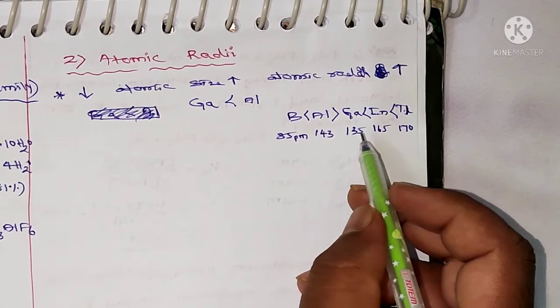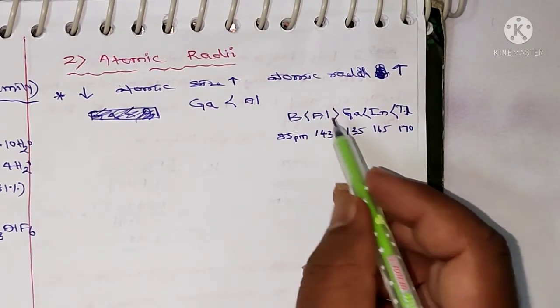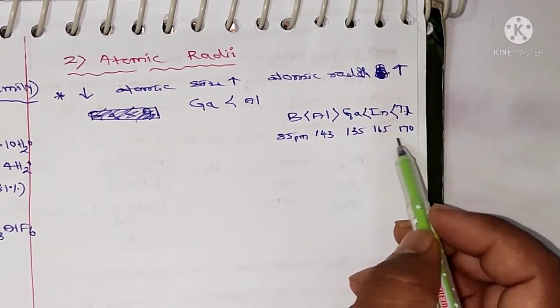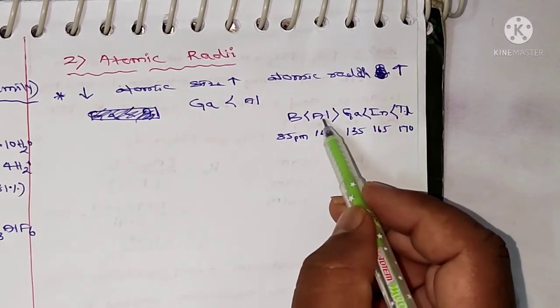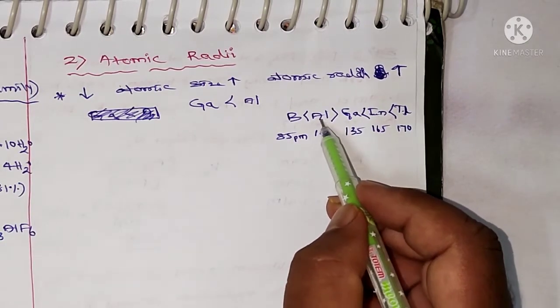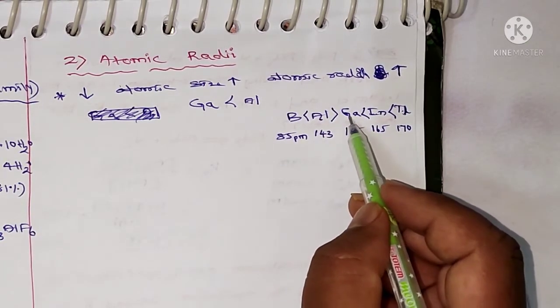Going from top to bottom the atomic radii increases, but here aluminium has more atomic radii than gallium.